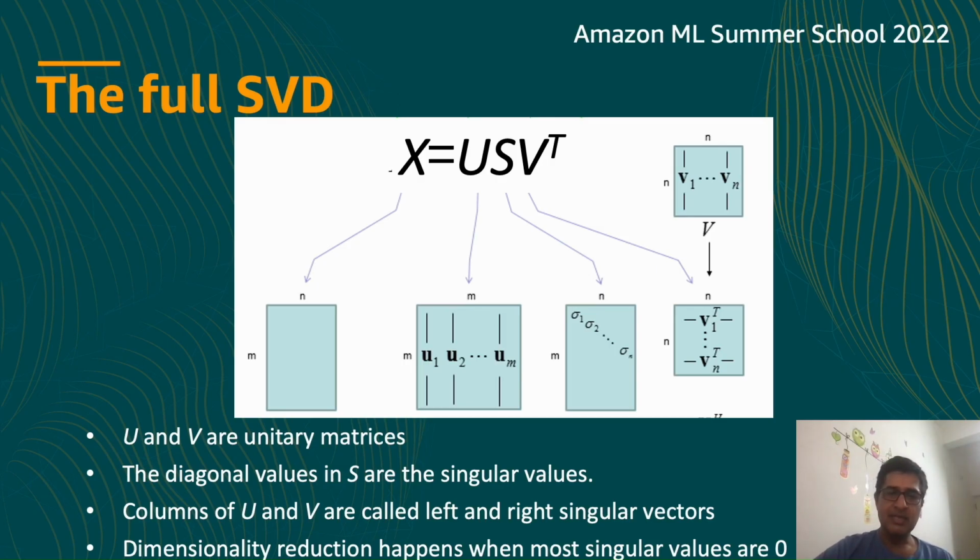Now, the dimensionality reduction actually takes place only when you find out that a lot of these members of S, or the diagonal values, are actually 0. Okay. Once you find out that many of these are 0, essentially what you would find is that you are able to represent the matrix X in a much smaller dimensional space.